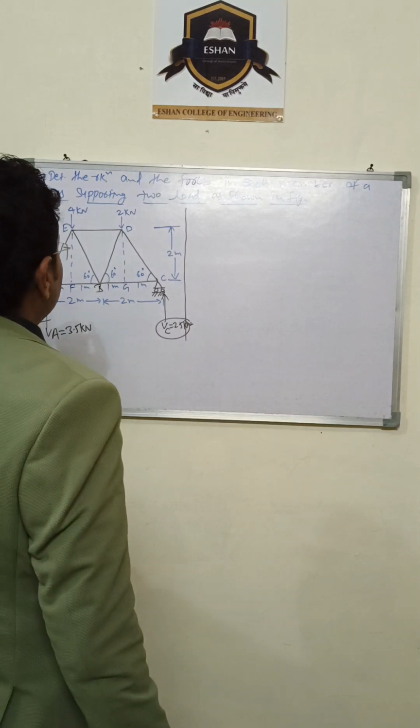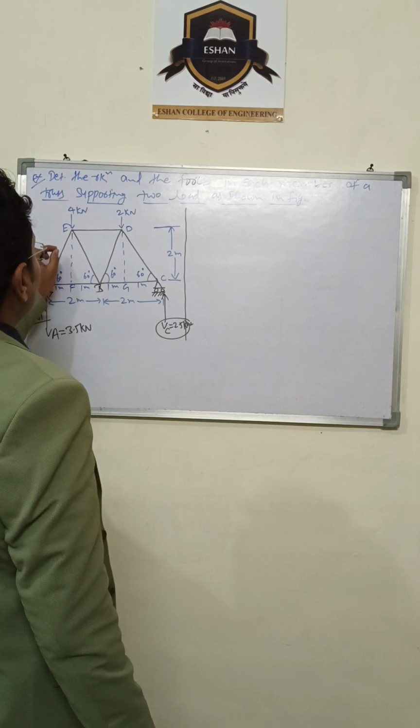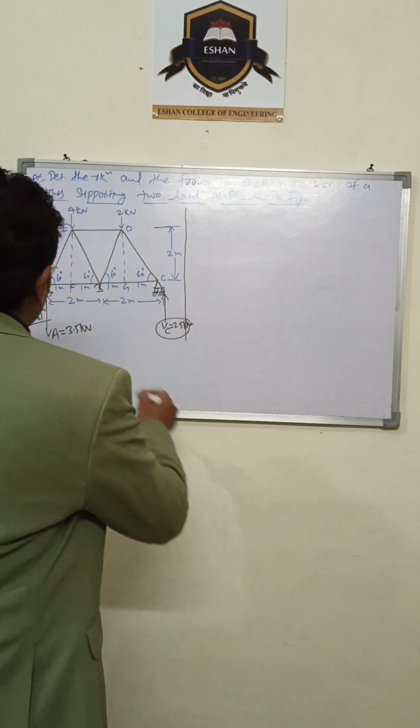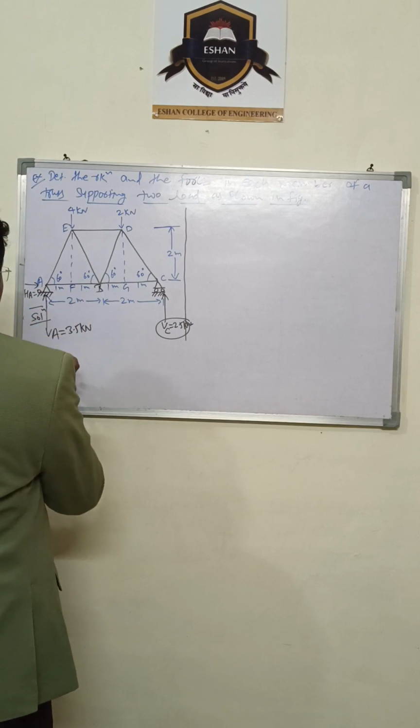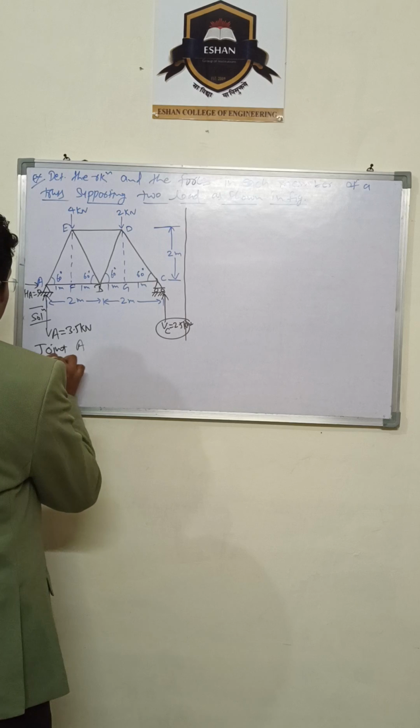The joint to be considered should not have more than two unknown members. So consider joint A. Draw the FBD.